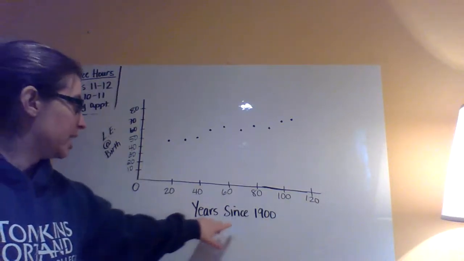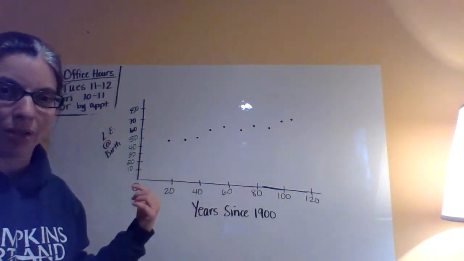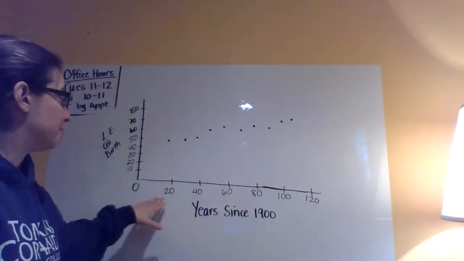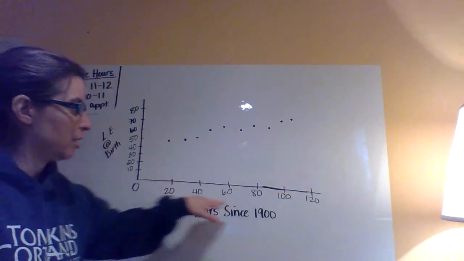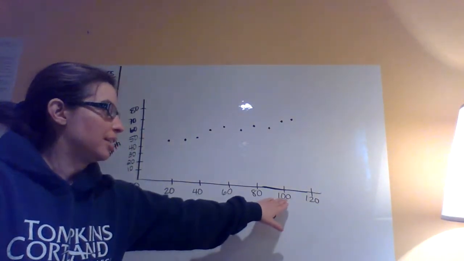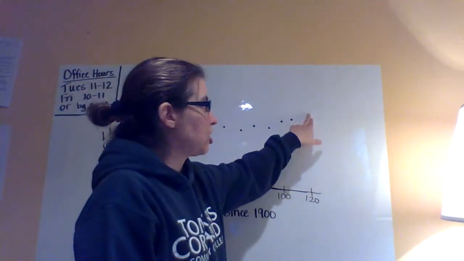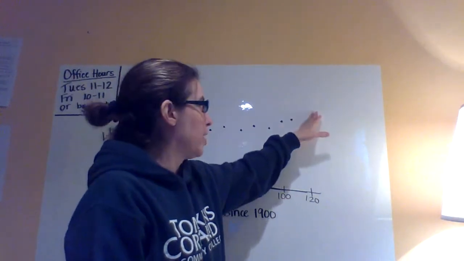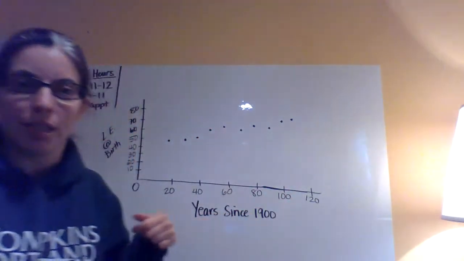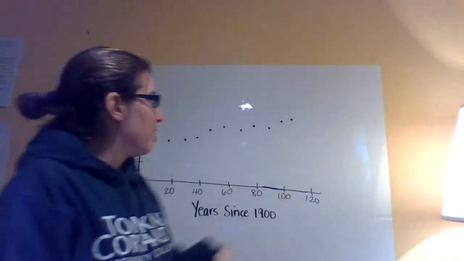And this number is just the years since 1900, kind of like we did with the milk consumption. So 20 here means 1920. 100 years since 1900 is 2000. This is 2020. You notice there's actually no value for 2020 because it wasn't 2020 yet when this was made, so it goes up to 2010 as the last point.